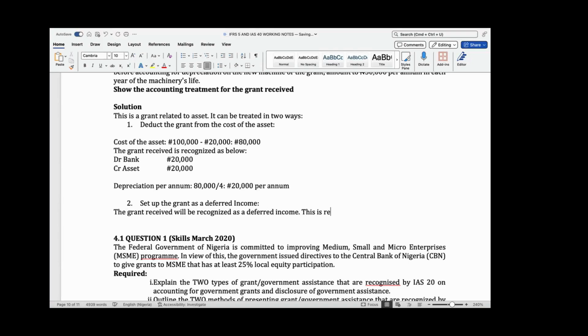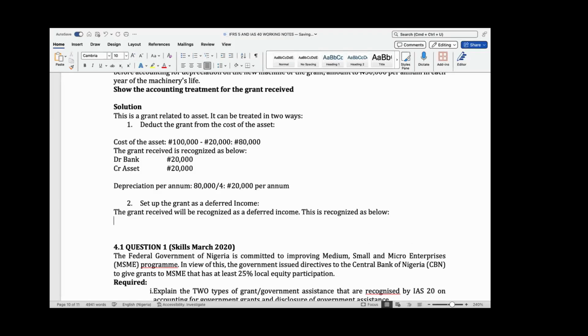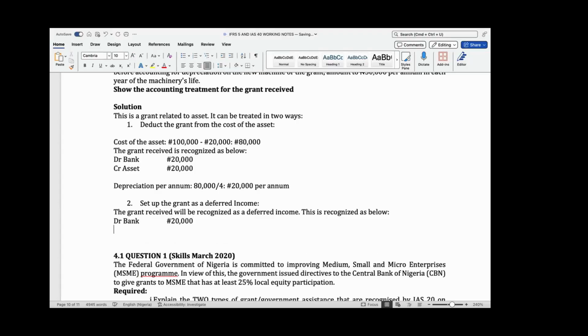This is recognized as below. You debit bank because you are receiving it. You credit deferred income. There's a liability.